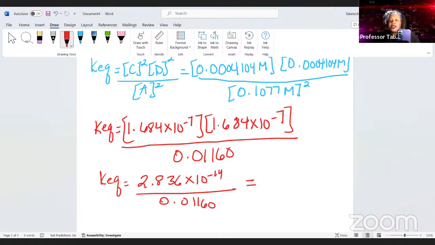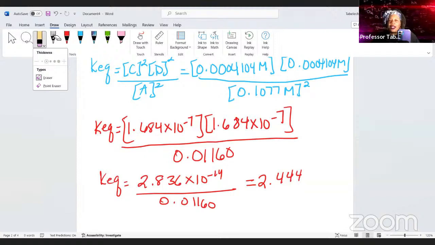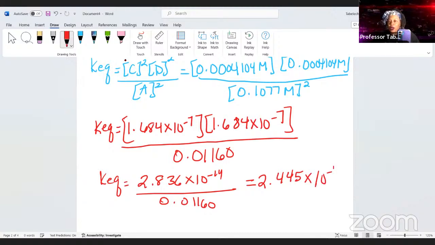So let's plug that in and see what we get for our final answer. When we divide those two numbers, we get 2.444, or we can just round it up to 5 because we only need 4 significant digits. 2.445 times 10 to the negative 12th power. That is your answer right there for the Keq, the equilibrium constant.